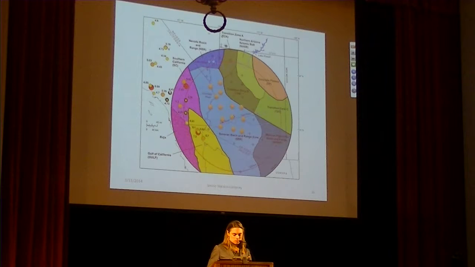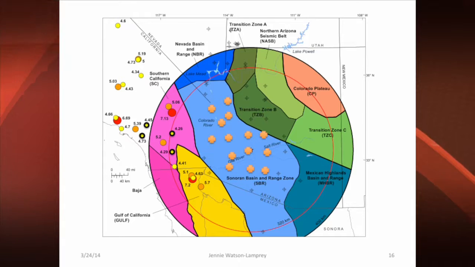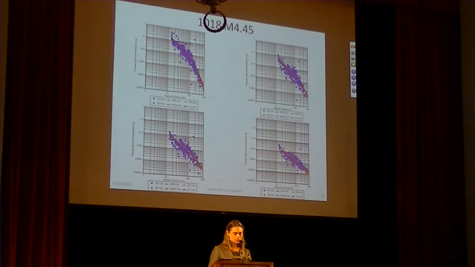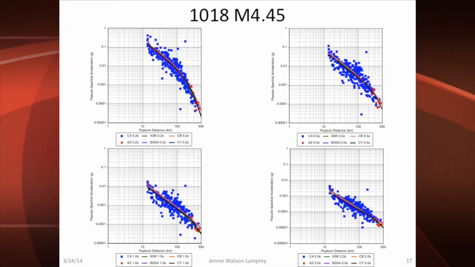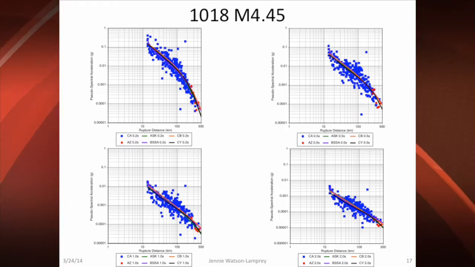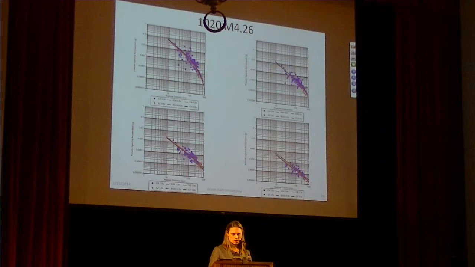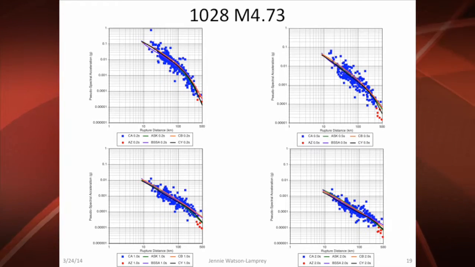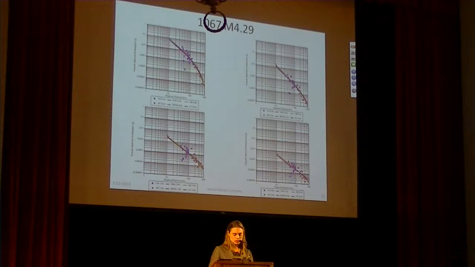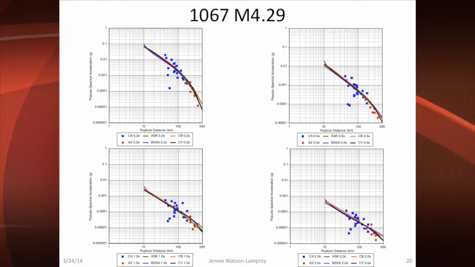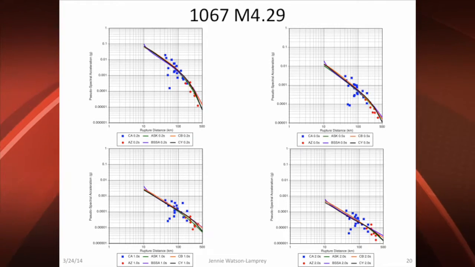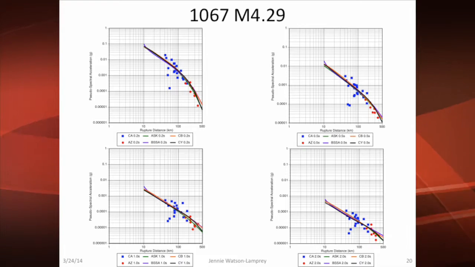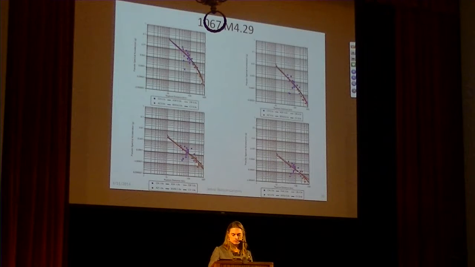She looked at these 4 earthquakes here in this transition region. So this is magnitude 4.45. 4.26. 4.73. And this is a 4.29. So again, we're seeing that there's good agreement between the data in California and Arizona and the GMPEs.